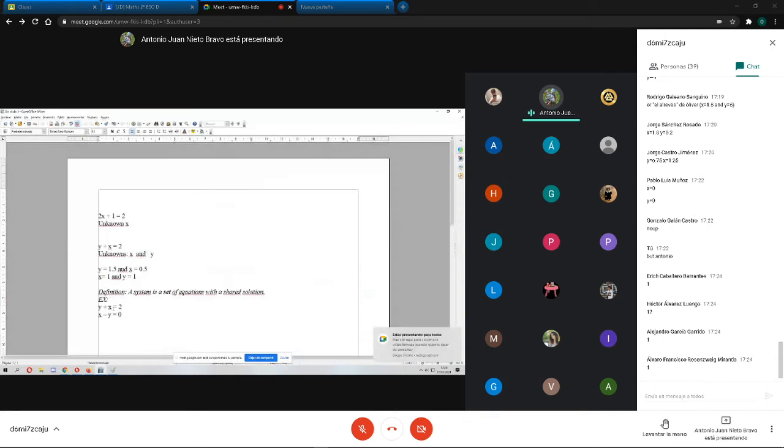For example, let's go with an example. Imagine that we have, I'm going to use Paint, perhaps better. Imagine that we have this system. No, this one now. Another, a little bit more complicated. Imagine we have this system, okay?